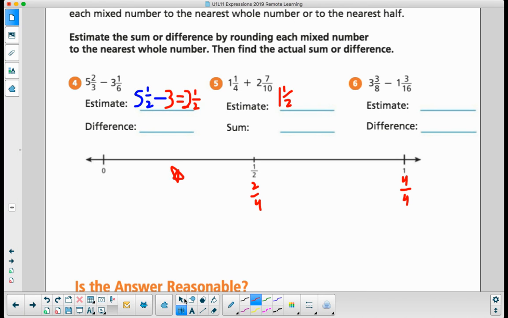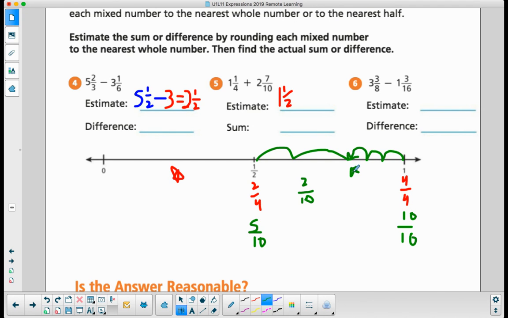2 and 7/10. All right, so as I'm looking at tenths, half in tenths, half of 10, 10 divided by 2 is 5. A whole in tenths is 10/10. 7/10, somewhere right in here. Well, 5, 6, 7, that's 2/10 away from a half. 10, 9, 8, 7.